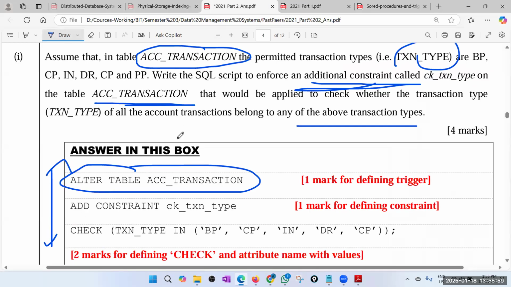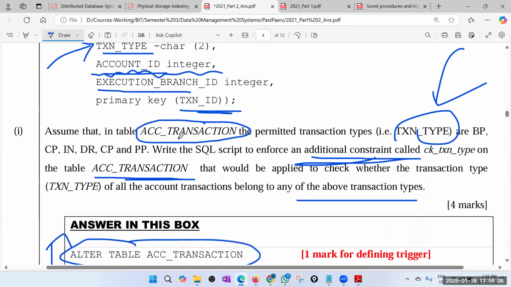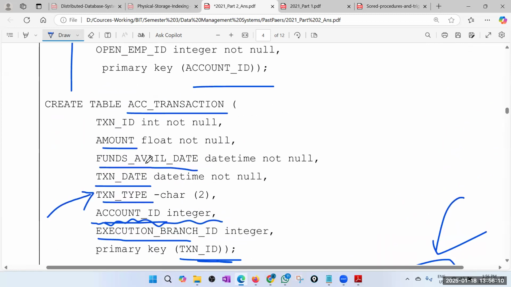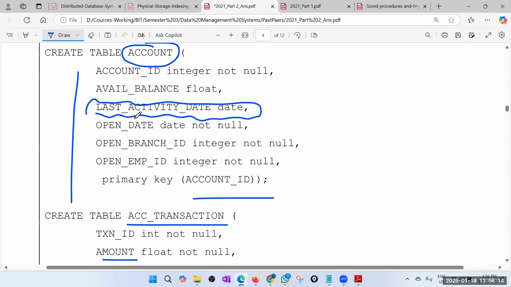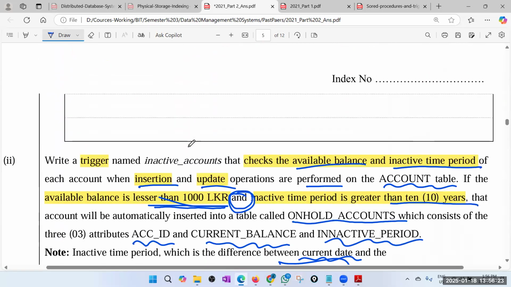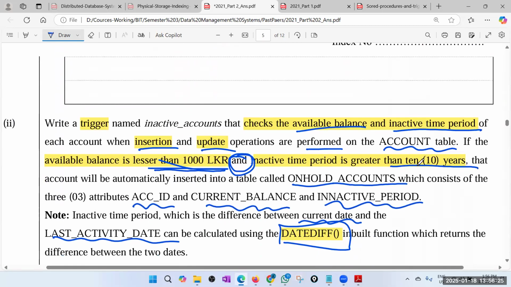Because you need to get the difference between the current date time and the last active date and see whether it is bigger than 10.